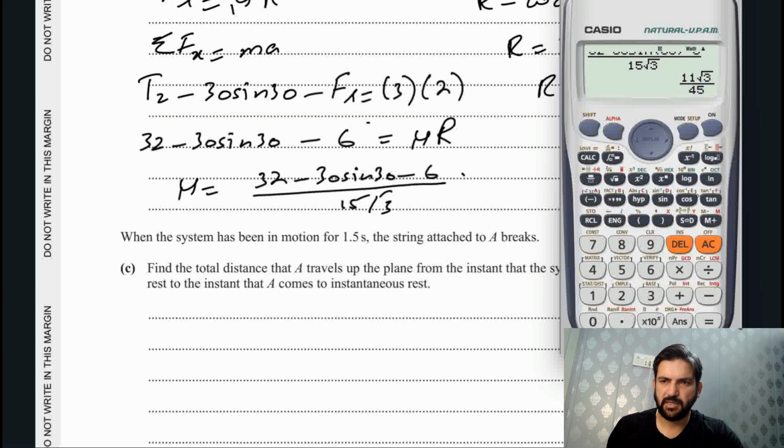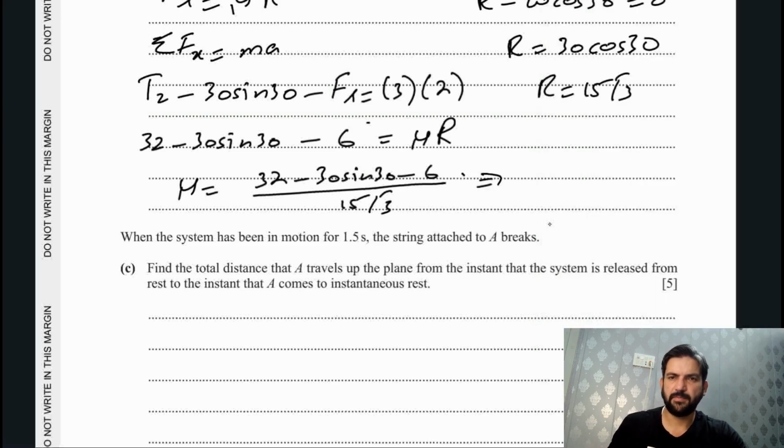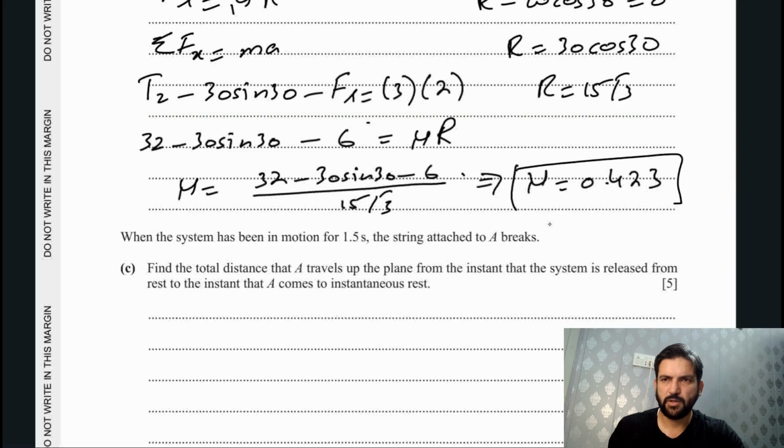So this will be equal to 0.423. If we correct it to 3 significant figures, mu will be equal to 0.423. So this will be the final answer.